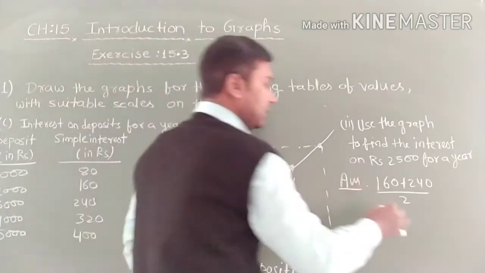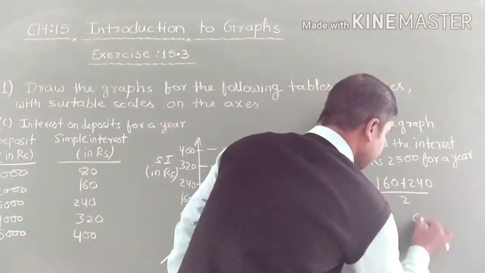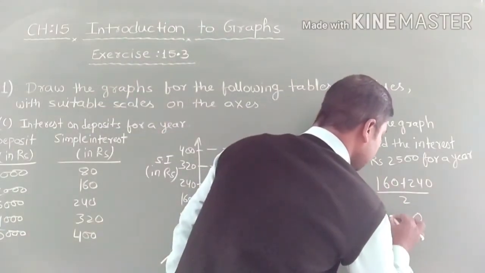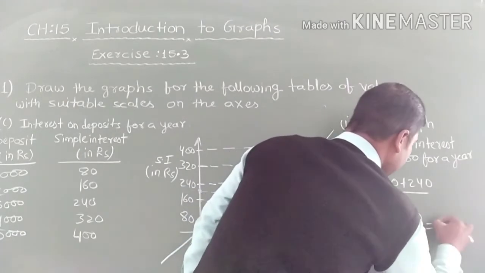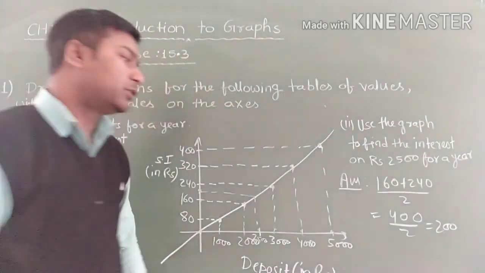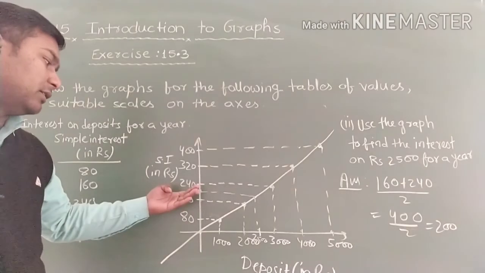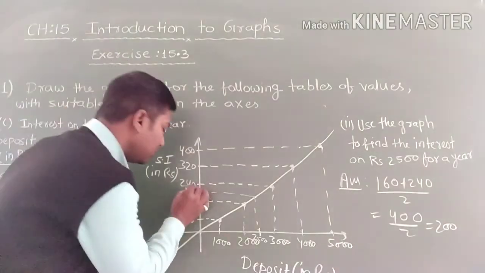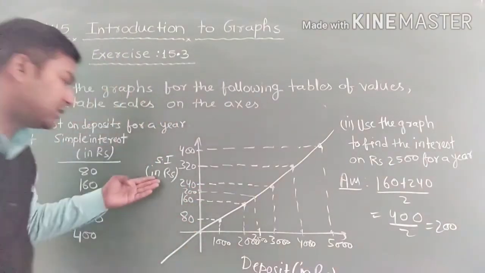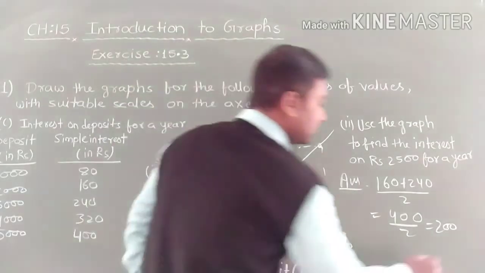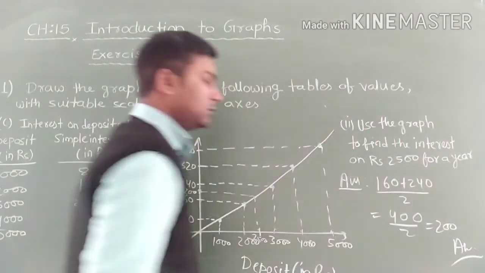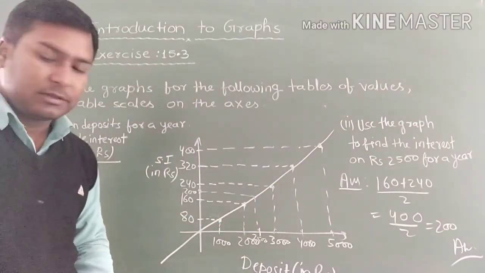So 160 plus 240 is 400, and 400 by 2 is 200. This is the number at that place. SI is 200. Now this is the answer: 200 rupees.